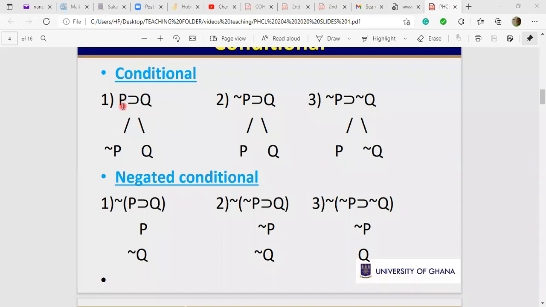If I do come home early, and we eat the fufu, then my statement is true, because the antecedent came and what I said would follow it also followed. So it is true. If I come home early, but we don't eat the fufu, then the statement is false. Why? Because the antecedent has happened, and what we said should follow it didn't follow. So we know that it is false.